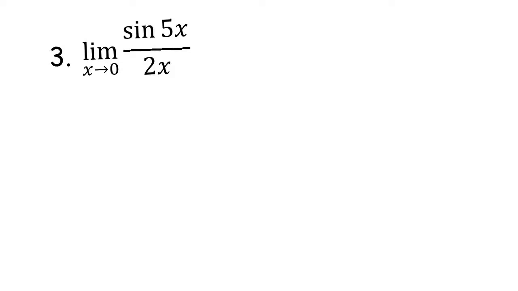All right, moving on to number 3. You'll see that in the numerator with sine, I have 5x, and in the denominator, I have 2x. Since my denominator is 2x, I'm going to move the 2 outside of the limit and have a 1/2. Within that 5x, I need to multiply the bottom by 5, so that means I need to multiply the top by 5 as well, so I don't change the problem.